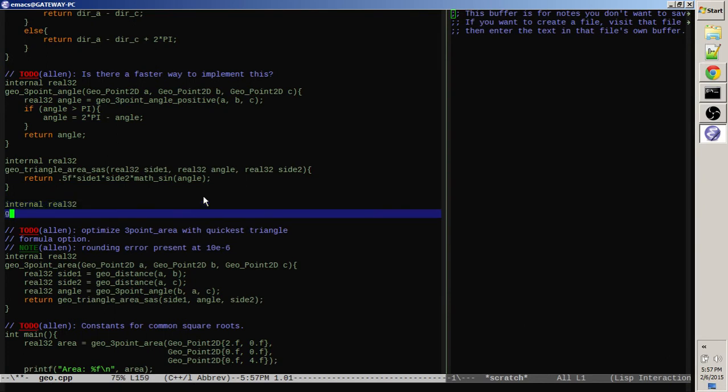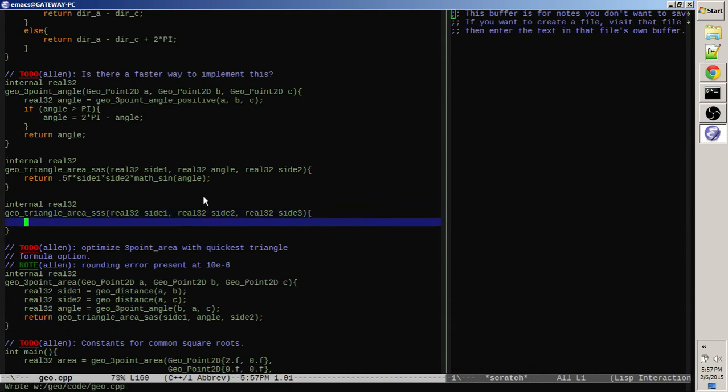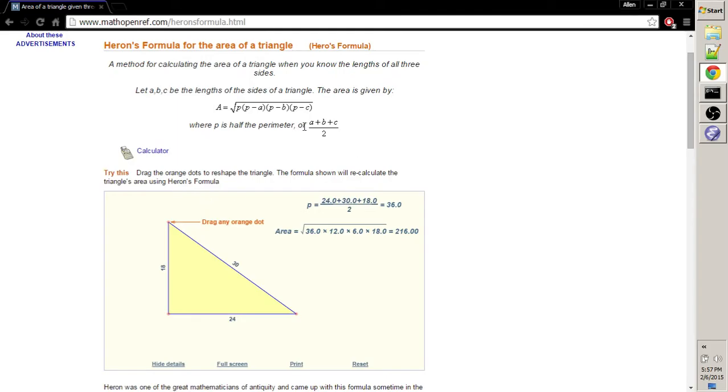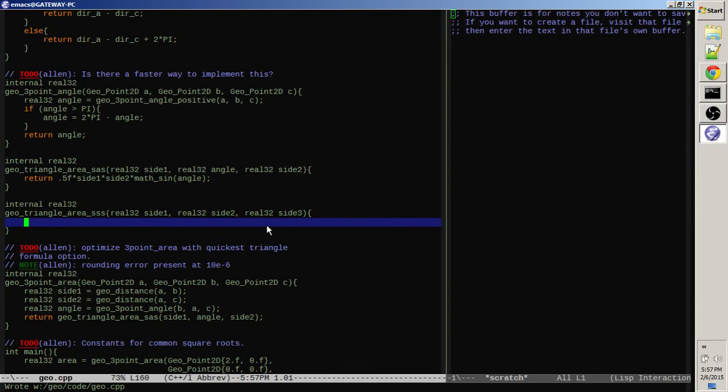Real32 geo triangle area side side side. For this one, we just take three side lengths, so it'll go side 1, side 2, side 3, of course. Now, the first thing we want to do is calculate this p parameter, the half perimeter. That is going to be side 1 plus side 2 plus side 3 times 0.5.